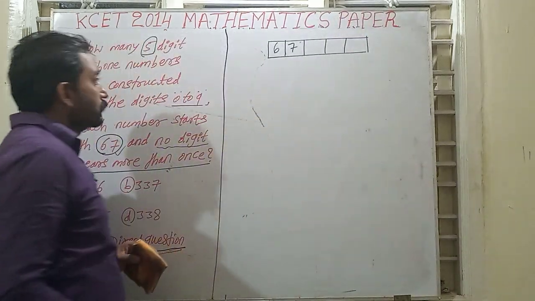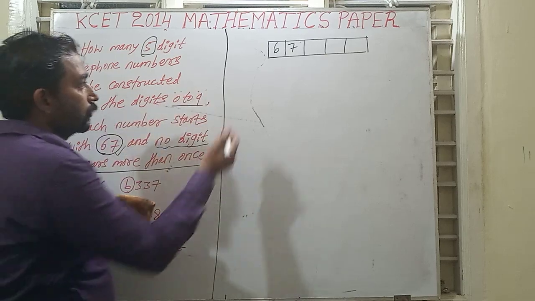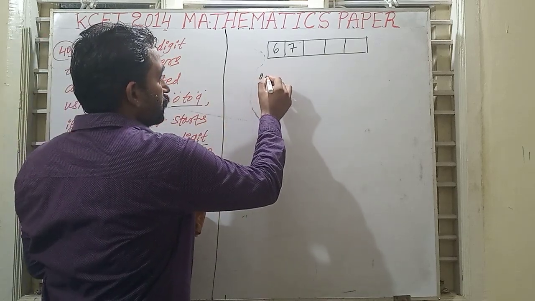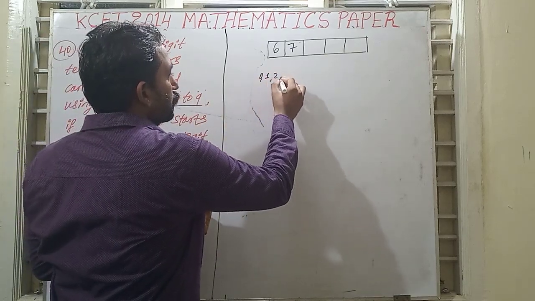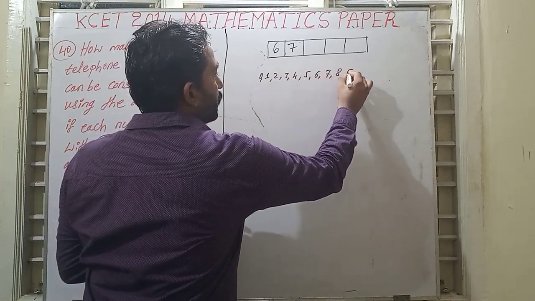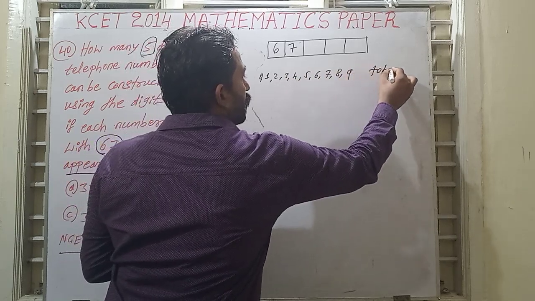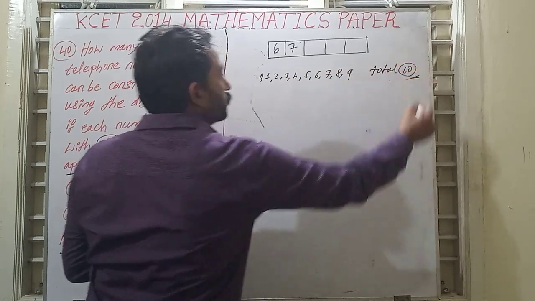So how many digits are available? 10, that is 0 to 9. Here the available digits are 0 1 2 3 4 5 6 7 8 9, a total of 10.